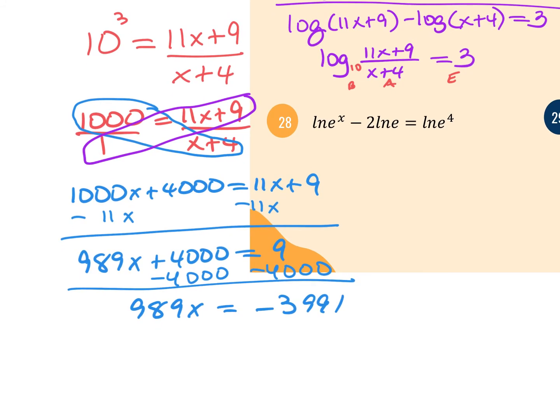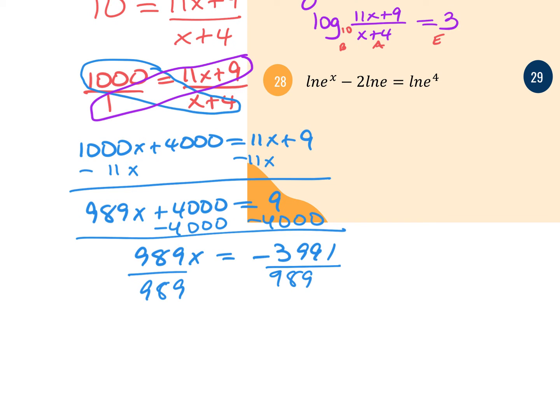I'm going to divide both sides by 989. And once I divide this, rounded to 3 decimal places, gives me negative 4.035.